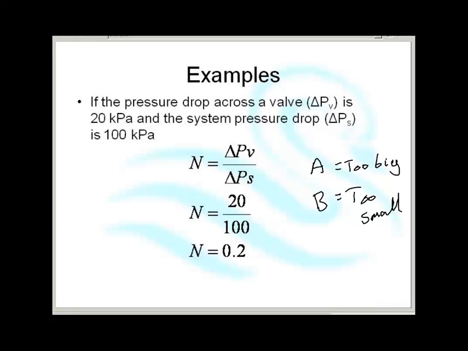Of the 100 kPa dropping across the entire system, I'm only dropping 20 across the valve. Valve too big or valve too small? Remember, the bigger the valve, the less drops across it. This one's only got 20 dropping across it.